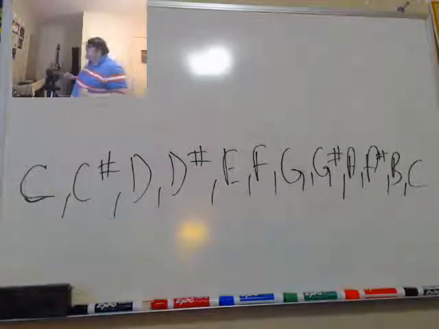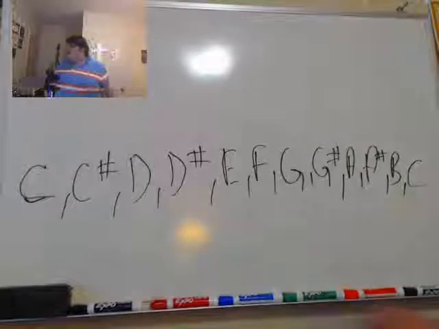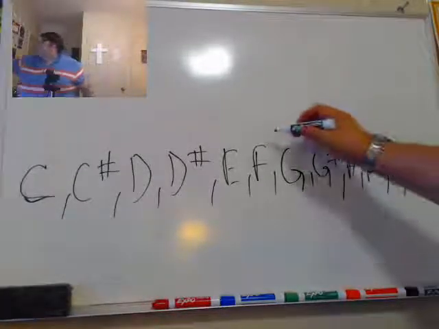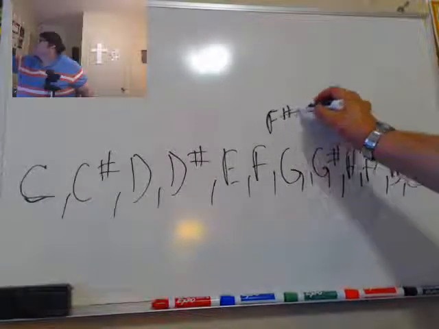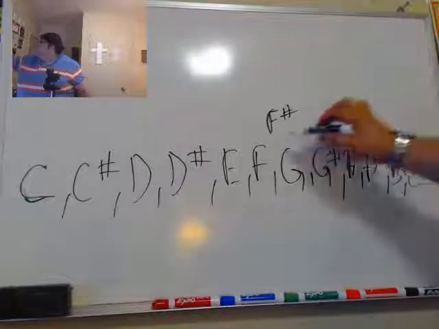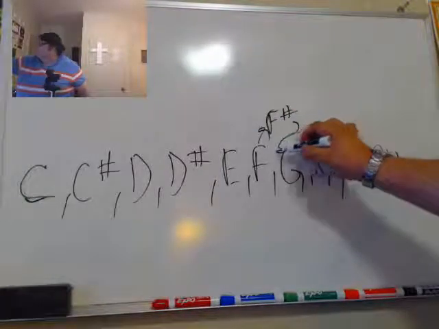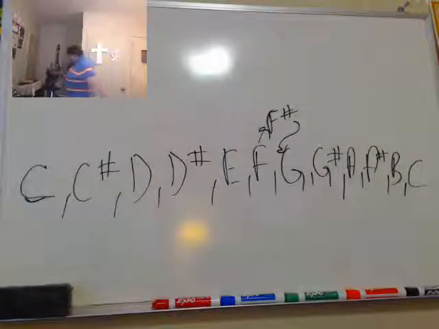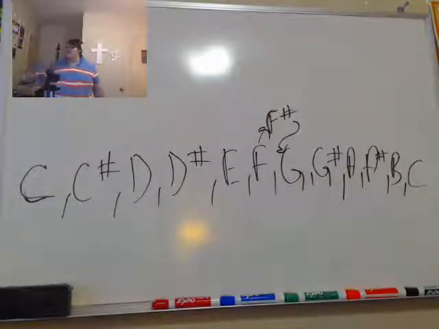Oh, I forgot one. I forgot F sharp. So this, and then goes over here. I cannot believe that I forgot one on video. Oops, but at least it shows you we're all human.